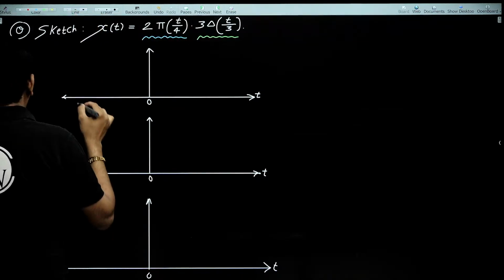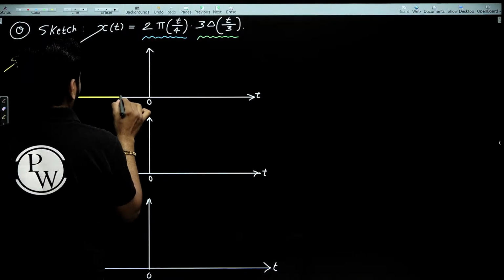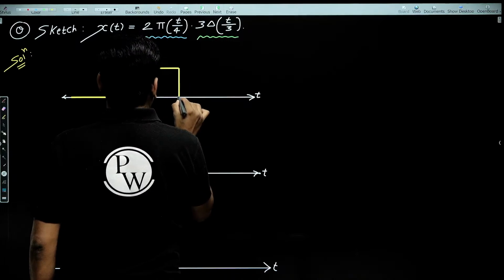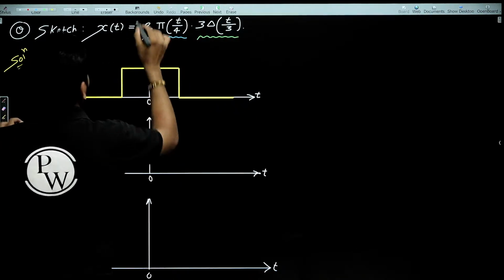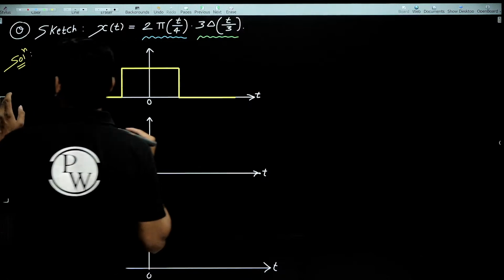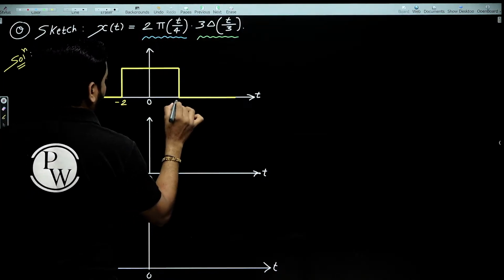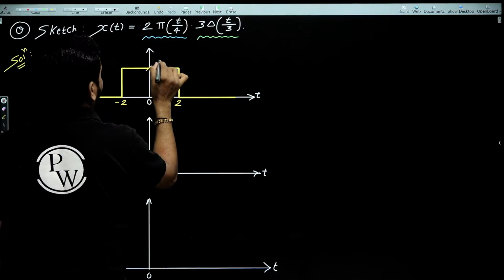So first the rectangular function from -2 to +2. Total width is 4, guys.